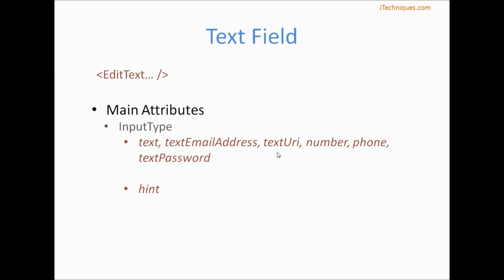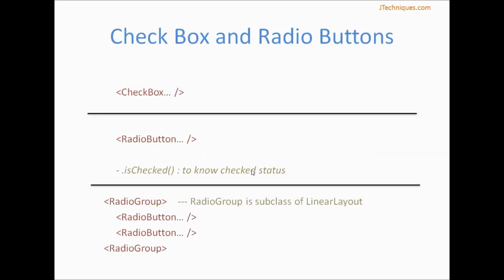The important thing is when we are displaying an input type of a specific type, Android will display a particular relevant keyboard on the phone. For example, when user is typing an email address, it displays a keyboard where @ symbol is there, the .com symbol is there. Similarly, when we use a password, it displays a star in place of characters. We'll look at a demo soon.